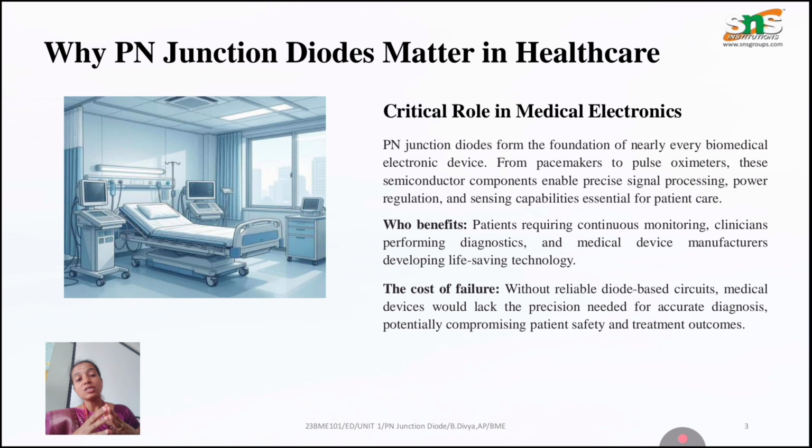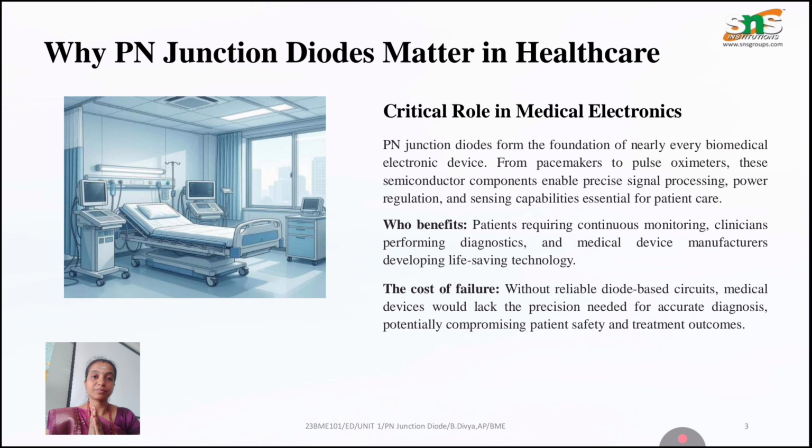Why does the PN junction diode matter in healthcare? What is the use of the PN junction diode? Generally, the working of a PN junction diode is that a P-type semiconductor and an N-type semiconductor are combined together to form the diode, where the P-type has holes as majority carriers and the N-type has electrons. When we give a forward bias, that is, a positive voltage to the P-type, electron-hole recombination occurs.